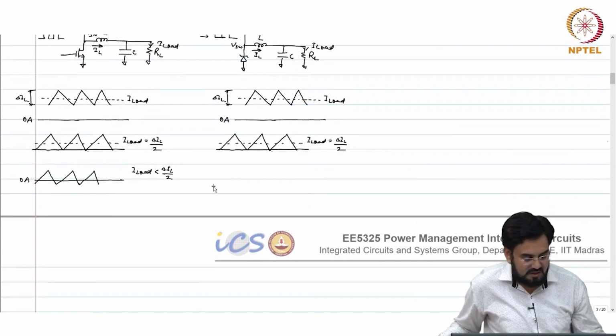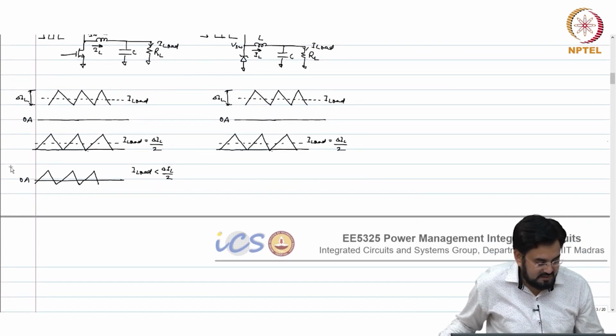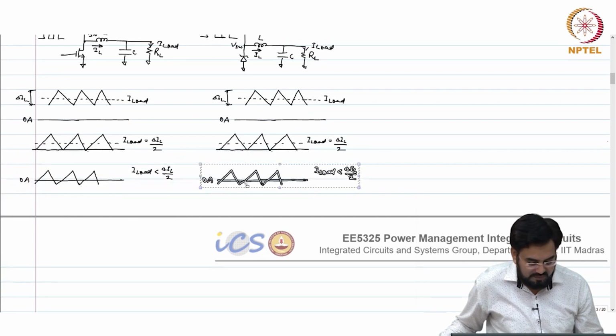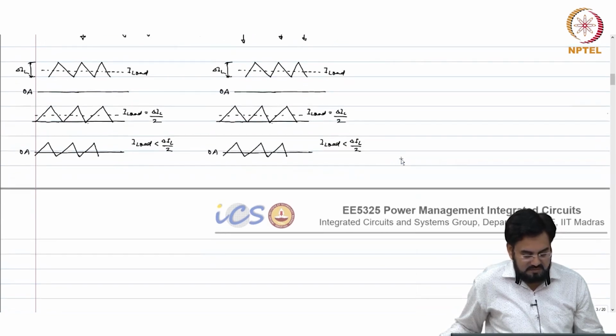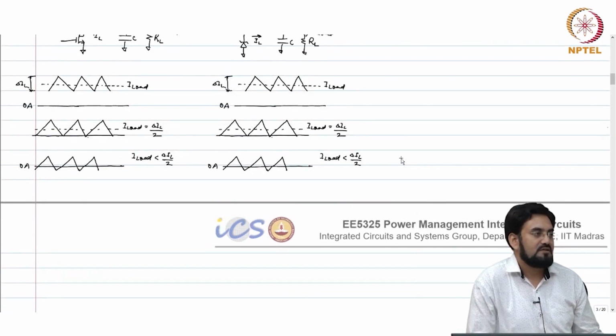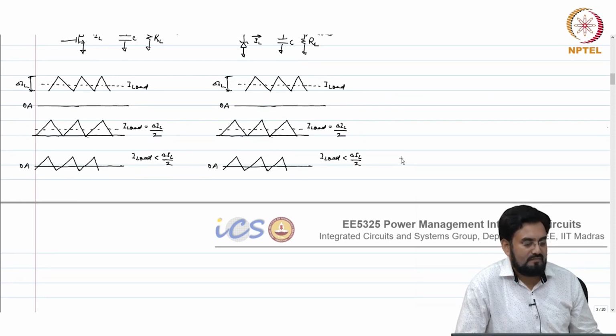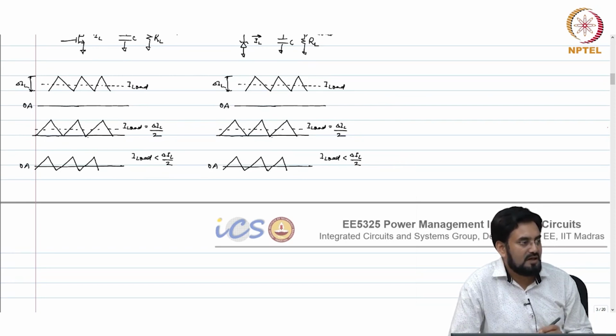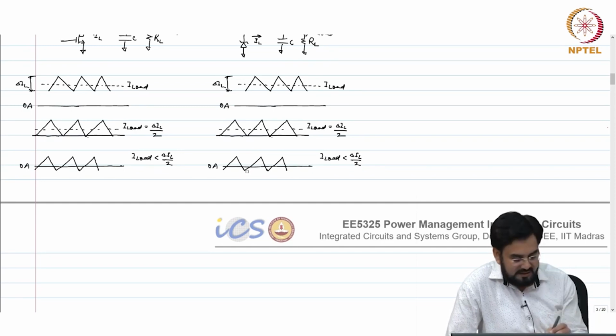So, now what would happen in this case? What would happen here? Will it go negative or not? It will not go negative because the diode will turn off, it won't allow reverse current.